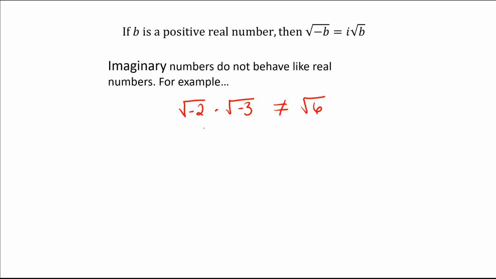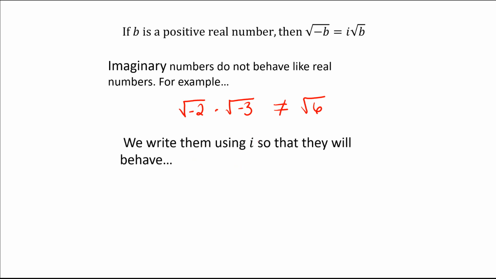So if we go ahead and rewrite this with i, instead of leaving it as the square root of -2, we write i times the square root of 2. And instead of writing the square root of -3, we write i times the square root of 3. Then we can multiply those two things together. Square root of 2 times square root of 3 is the square root of 6. And then we have i squared.